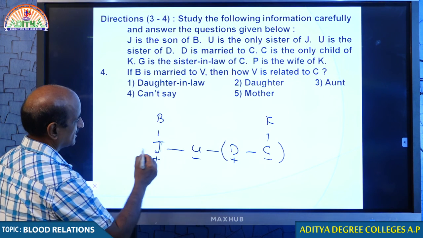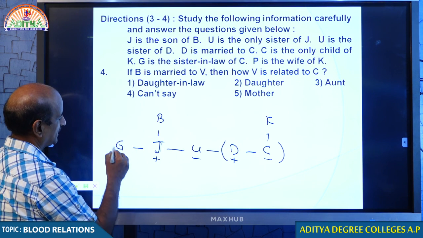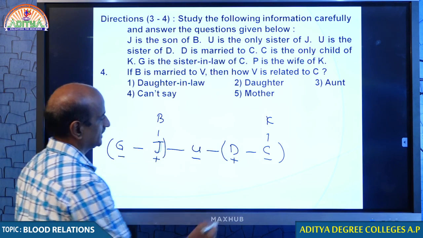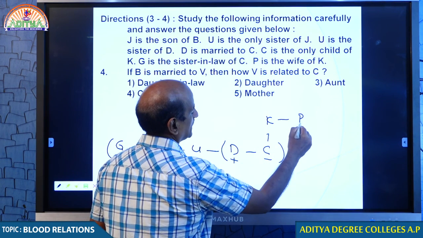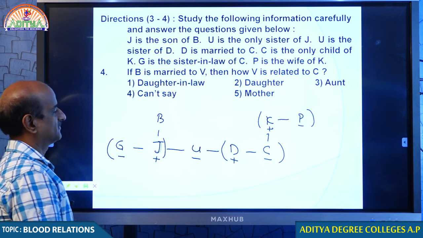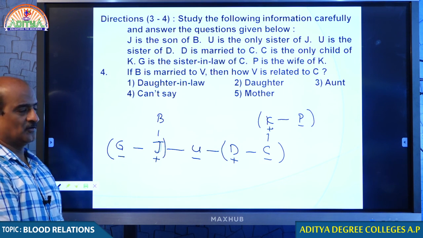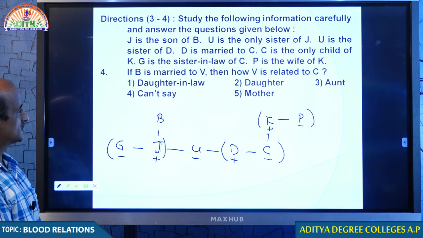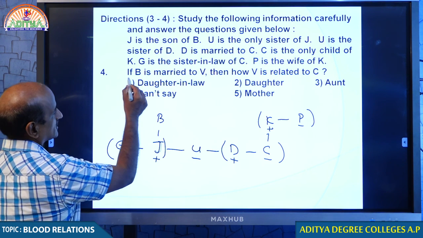G is the sister-in-law. Therefore, G must be married to J. There is no other way. And P is wife of K. So far, this is the information. Till now we don't know the gender of B, because B's gender is not clear. Now, here is the question.